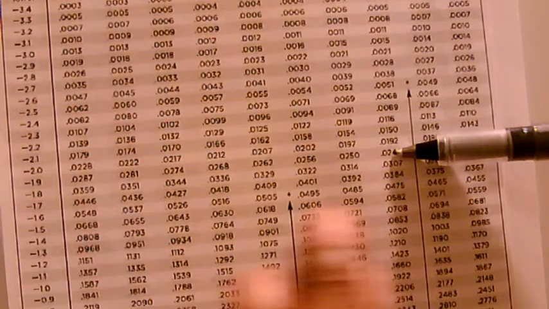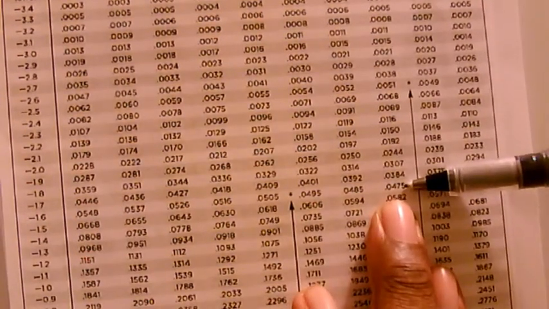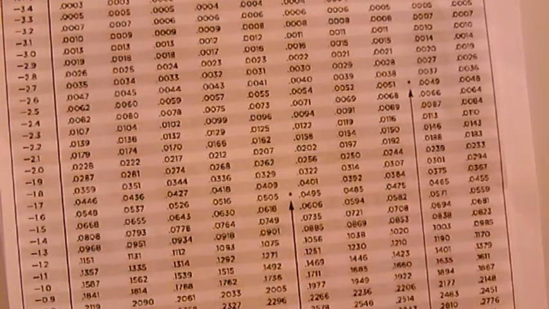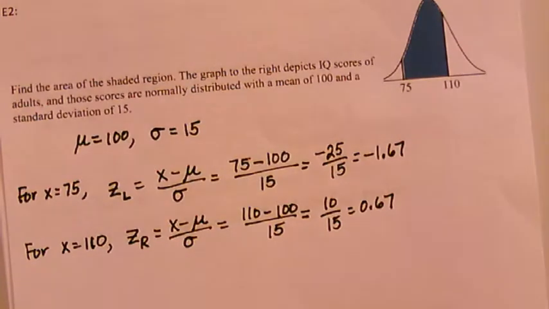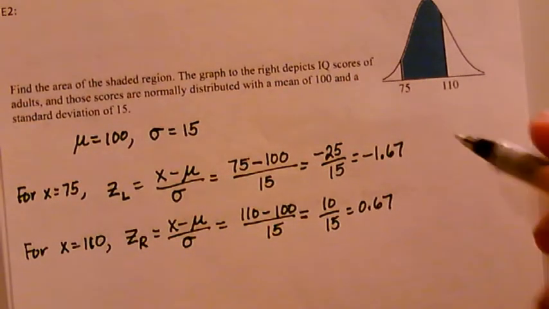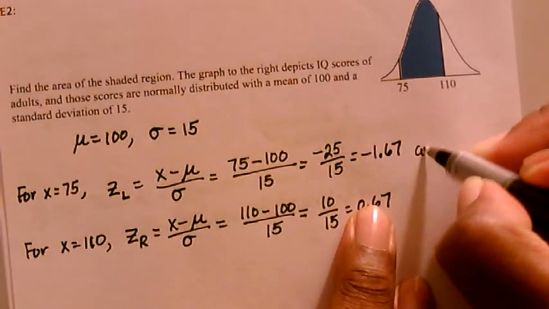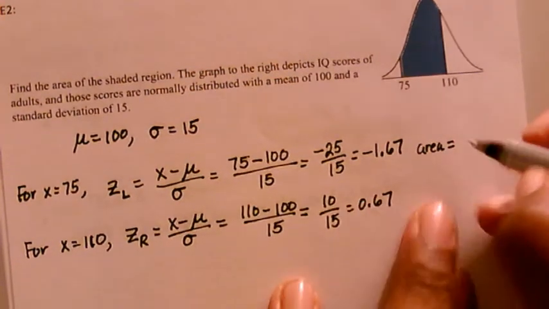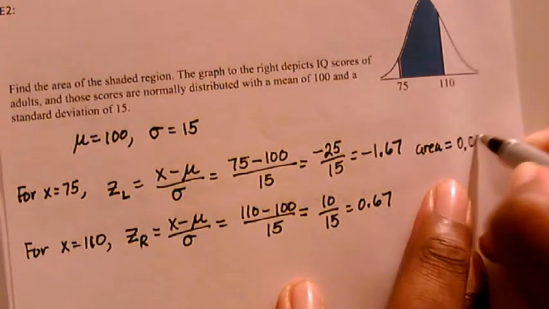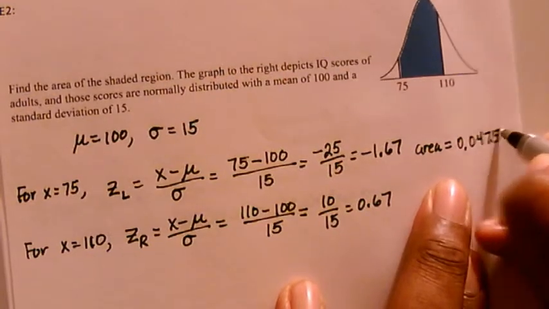So if you read across and down, that area will be 0.0475. Okay, so for negative 1.67, that area is this 0.0475.